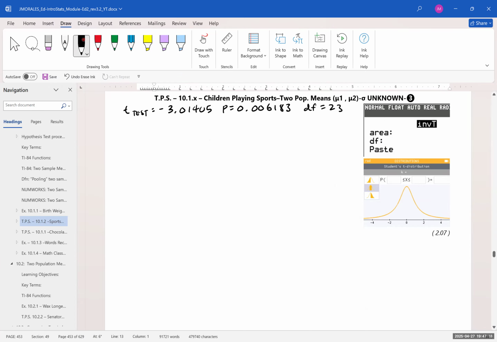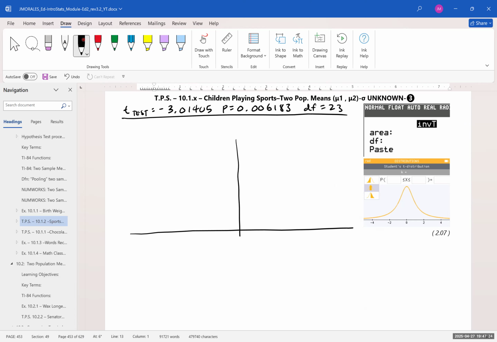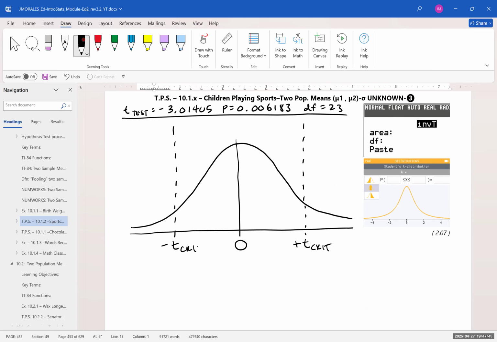All right. So let's go ahead and draw our student's t-distribution. Okay, the center of it is 0. And this was two-tailed. So we're going to have a positive t critical value and a negative t critical value.